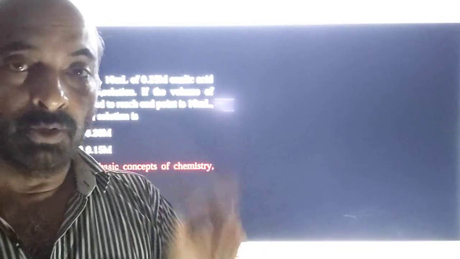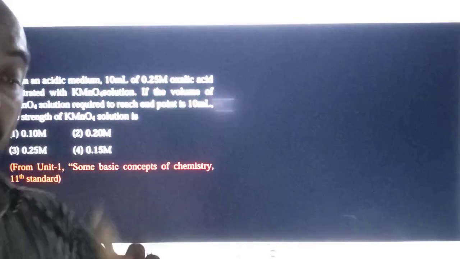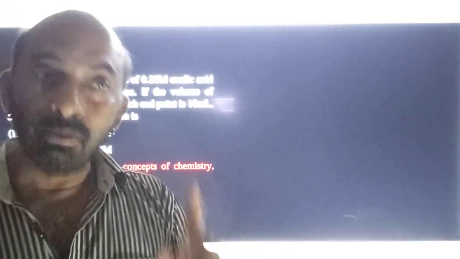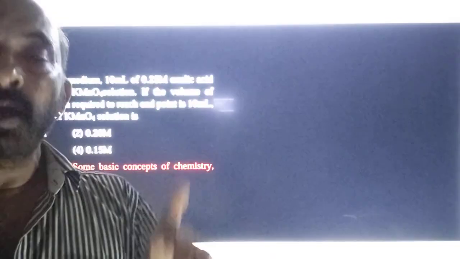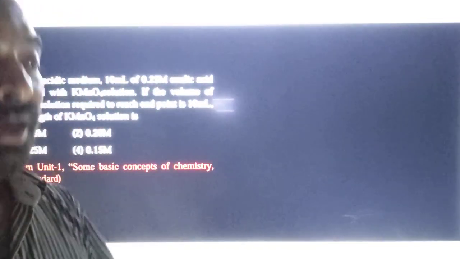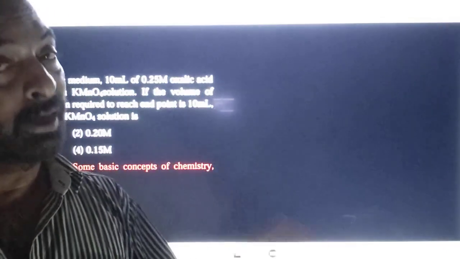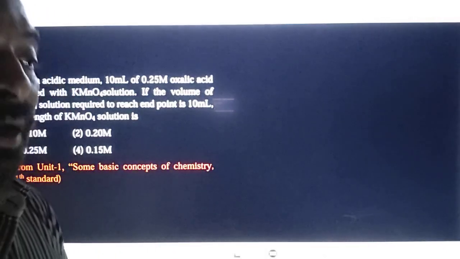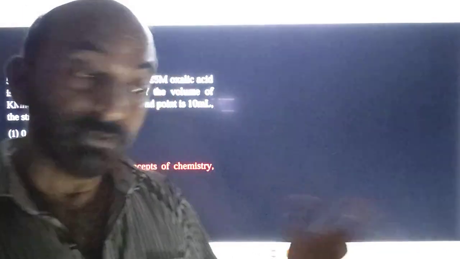It is normality into volume. Now, if it is given as molarity, you have to convert molarity into normality. You have to remember, for oxalic acid, 1 molar is 2 normal because it is a dibasic acid. Again, for KMnO4, 1 molar is 5 normal. That you know from theory as well as from practical.